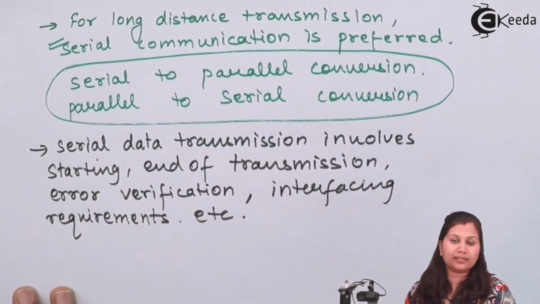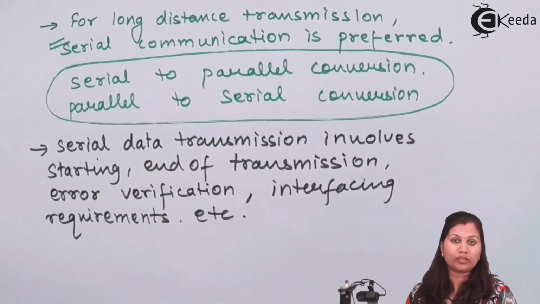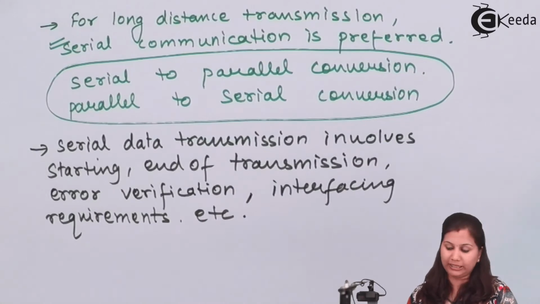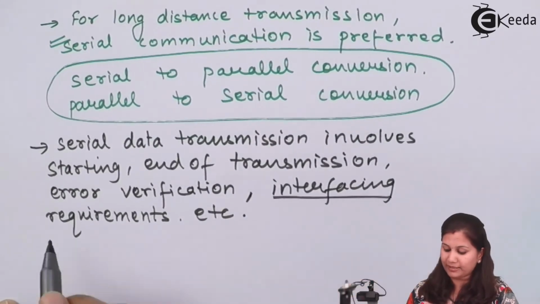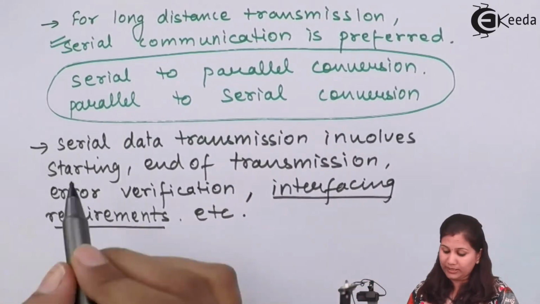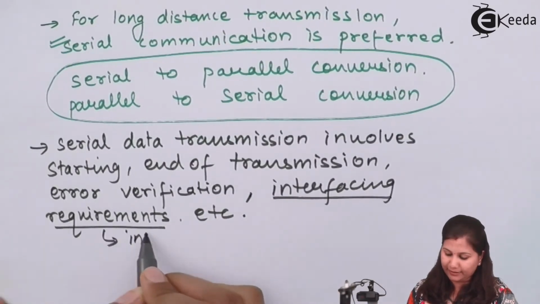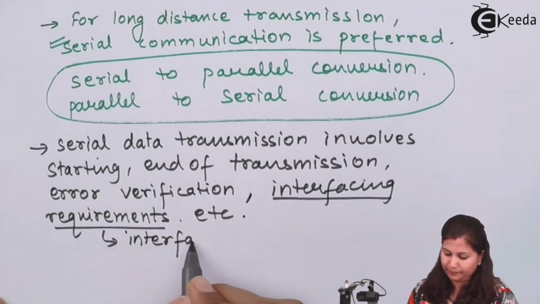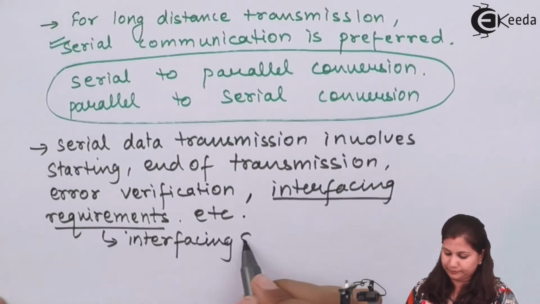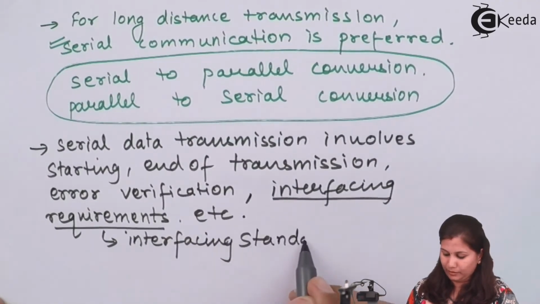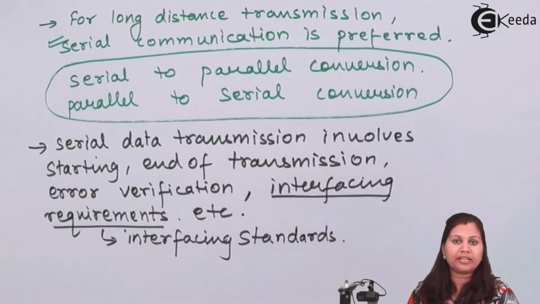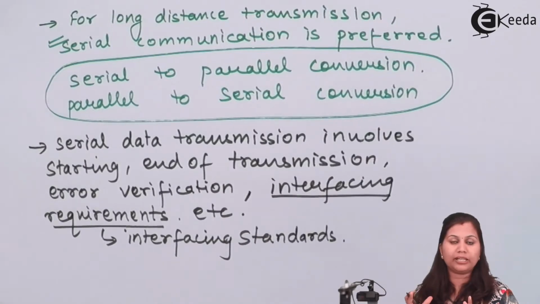And one of the most important things involved in serial data transmission is the interfacing requirements. In these interfacing requirements come the interfacing standards. Here the word interfacing means communication between two components.